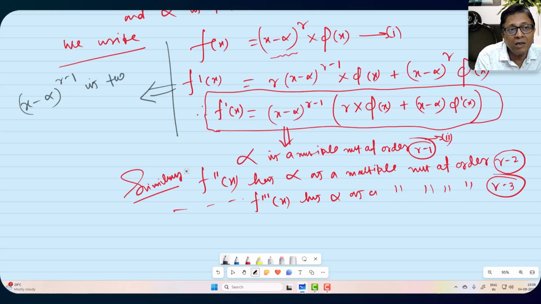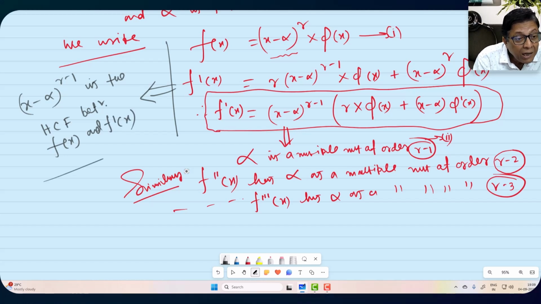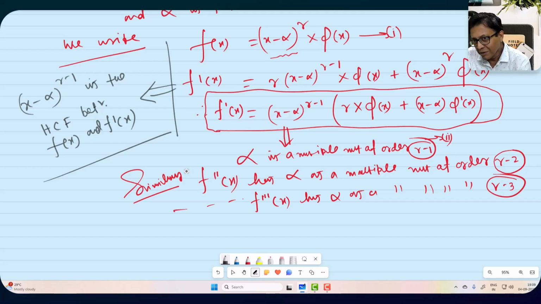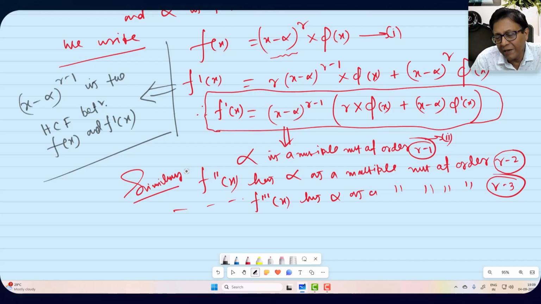is the HCF between f(x) and f dash x, and this is going to help you to find the multiple root of an equation. If by differentiation you get it, it's fine to find the HCF.